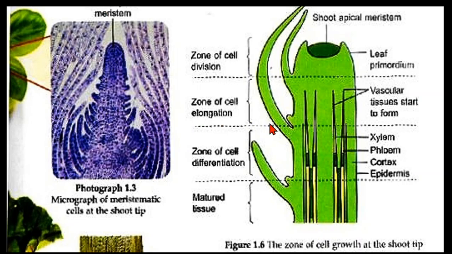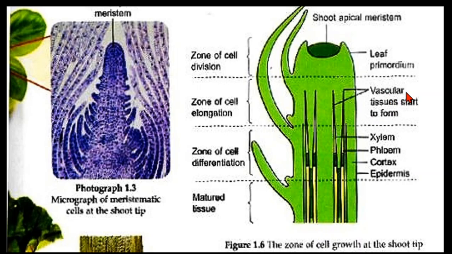So when we look at it in detail, here is the shoot apical meristem, and this is the leaf primordium. Here is the zone of cell division. Here is the zone of cell elongation. Here vascular tissue starts to form.